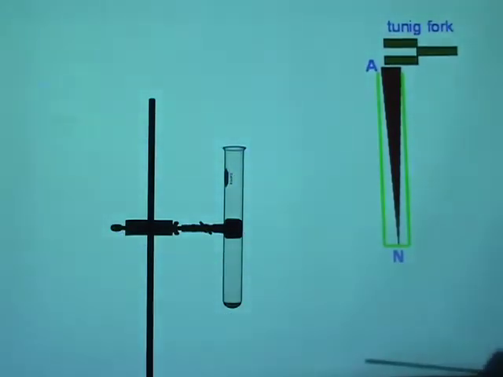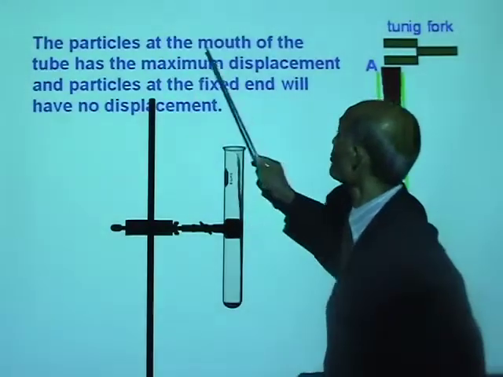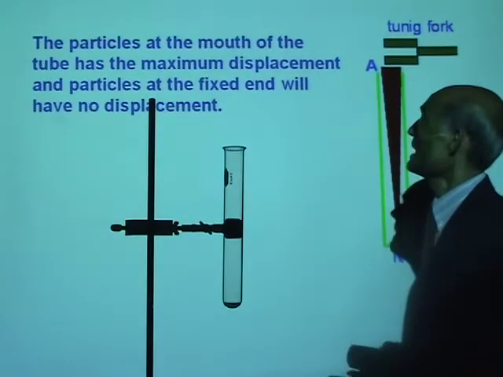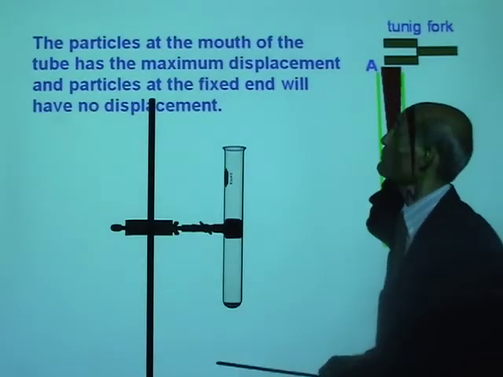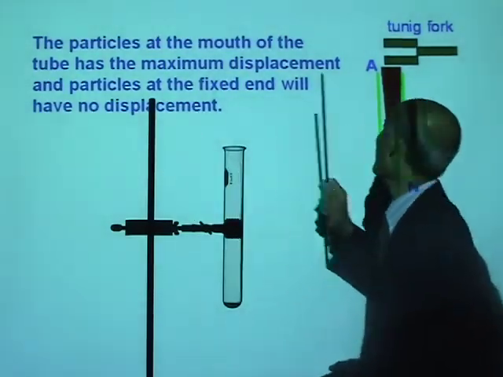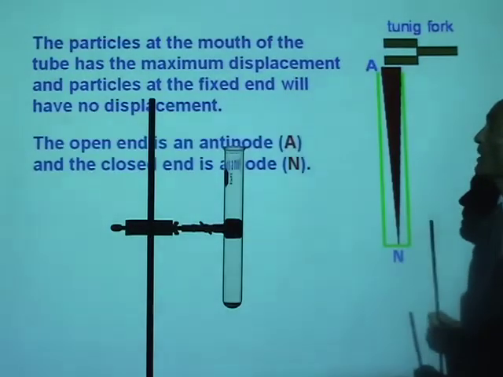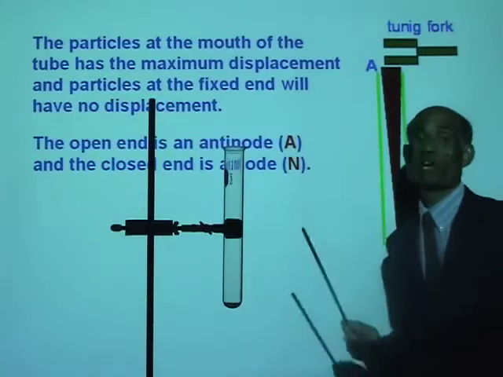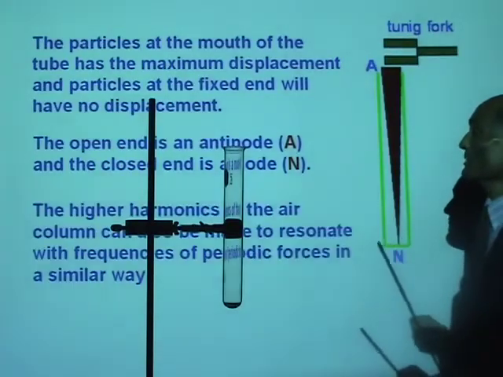Now the particles at the mouth of the tube have the maximum displacement, and particles at the fixed end will have no displacement. That will be a node. So the open end is an antinode and the closed end is a node.